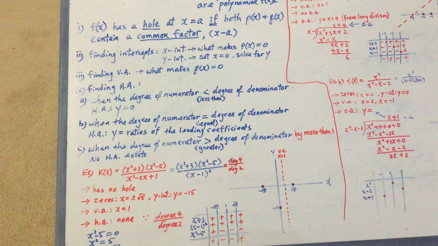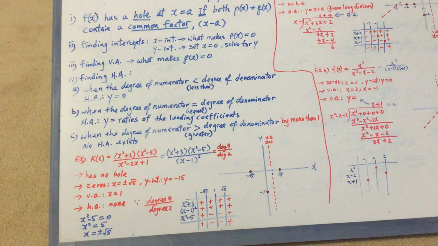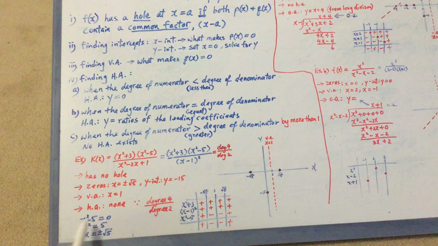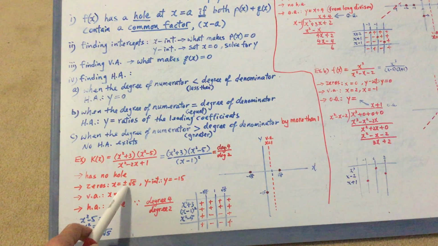That is where the zeros are coming from. So that's why I have the zeros for this.